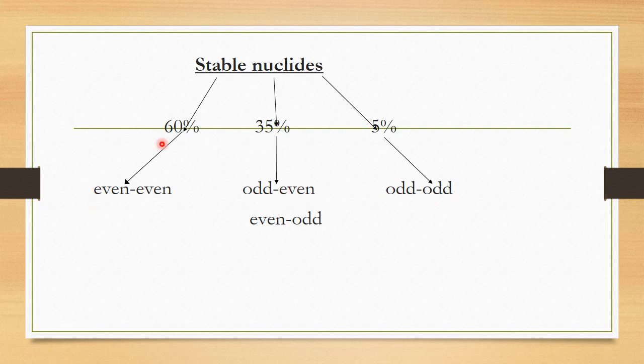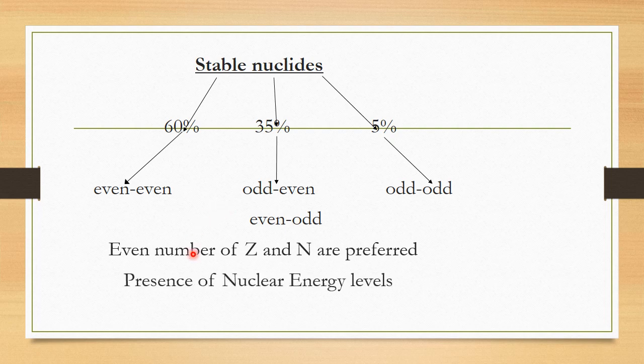This is the percentage of the stable nucleides. That means even numbers of Z and N are mostly preferred in nucleides. This also leads to one more conclusion, that nuclear energy levels are present. So there is a filling of nuclear energy levels similar to the electron filling.